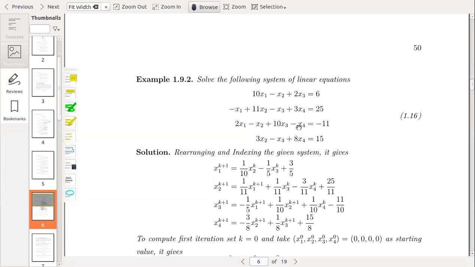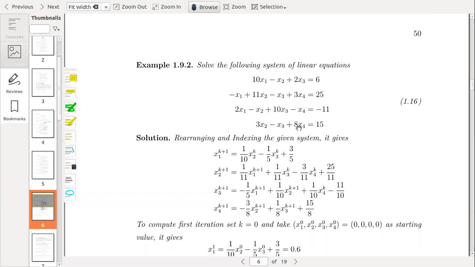Again, just observe that indexing is different now because these variables already have the subscript, so you need to put the indexing k plus 1 as the superscript. x1 k plus 1 is equal to 1 by 10 x2 k minus 1 by 5 x3 k plus 3 by 5, and x2 k plus 1 is equal to 1 over 11 x1 k plus 1 plus 1 over 11 x3 k minus 3 over 11 x4 k plus 25 over 11.